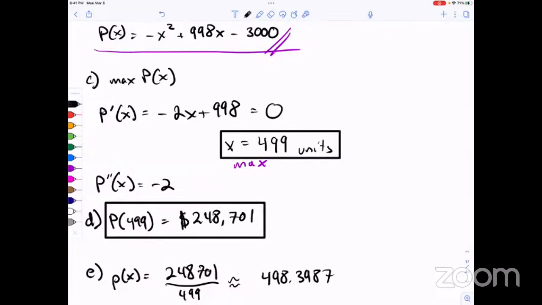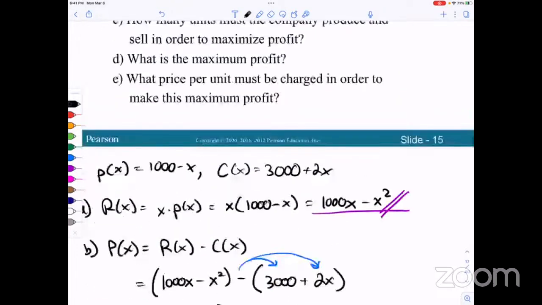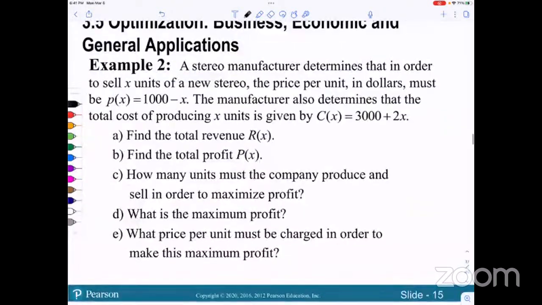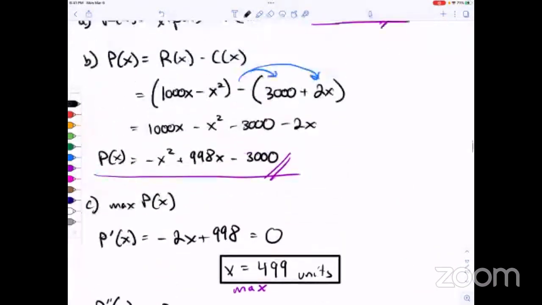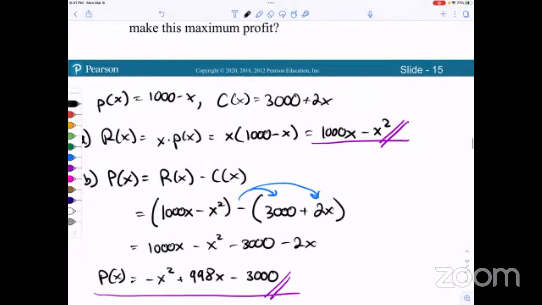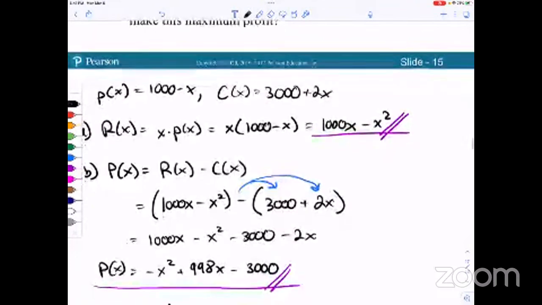What are we selling here? Stereo manufacturer, $500 a stereo? It could be. What was the price before? 1,000 minus x price. I feel like I'm missing something there. Let me put a pin in that one.